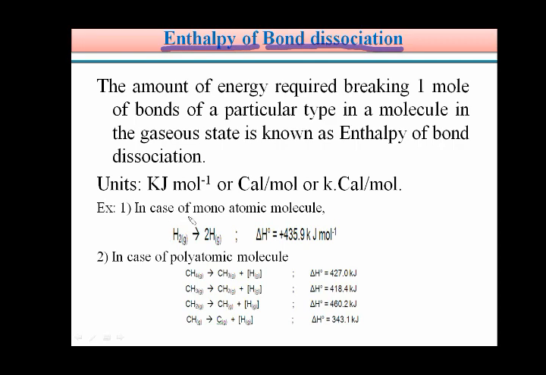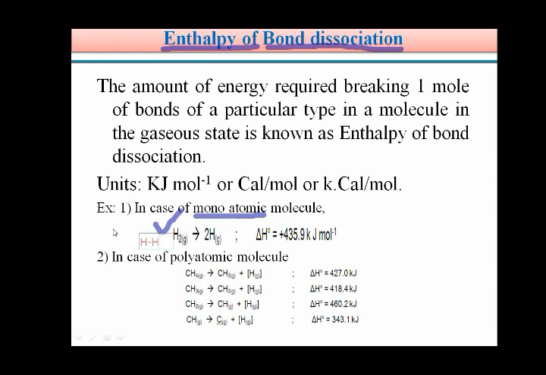For example, in case of a monoatomic molecule, you can take hydrogen, H2. So here 2 hydrogen atoms make the H2 molecule. In this H2 molecule, there is a sigma bond between the 2 hydrogen atoms, a single bond.